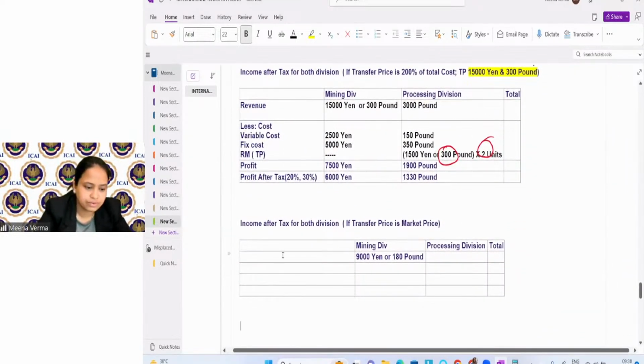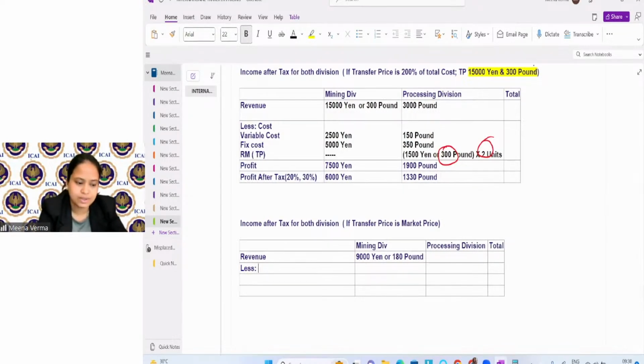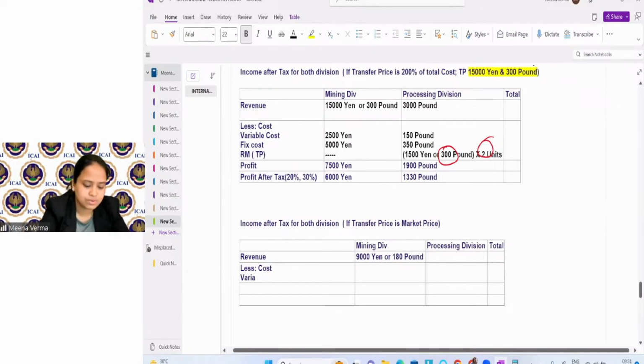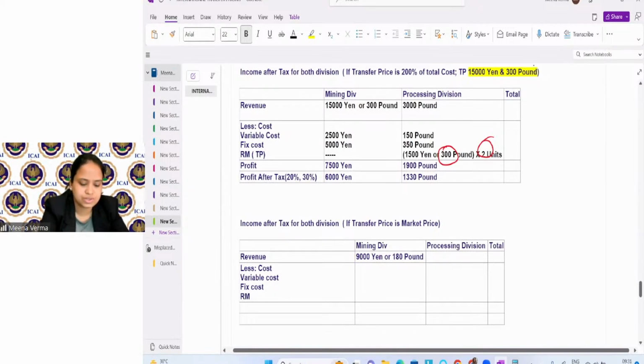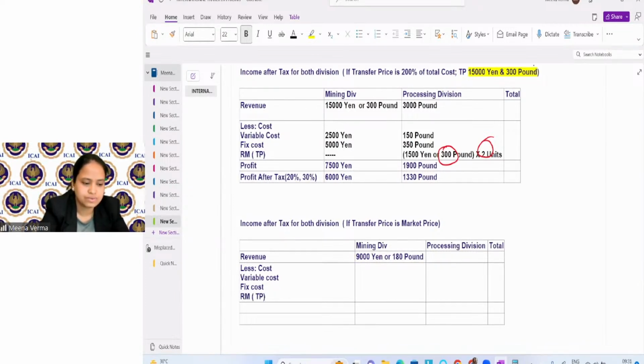And let's write it. Revenue will be this and less cost. So this is a case when the transfer price is what? Market price. So cost is what? Variable cost. Then you have the fixed cost, right? And the raw material cost, which is the transfer pricing. Okay.